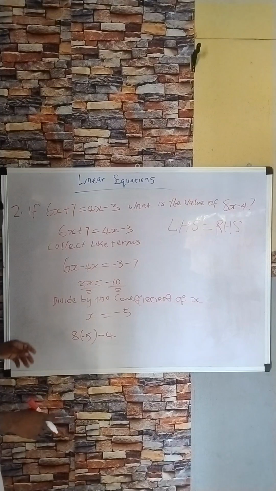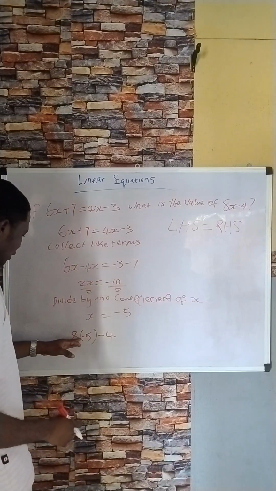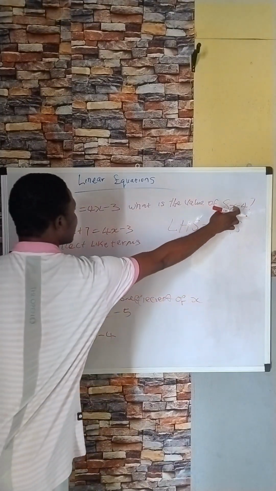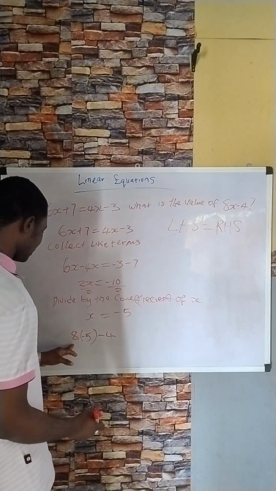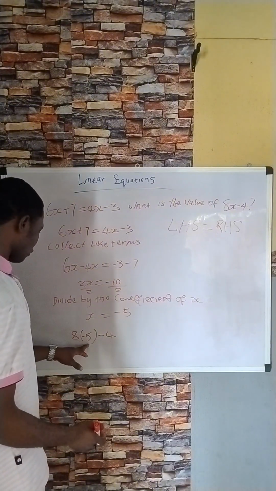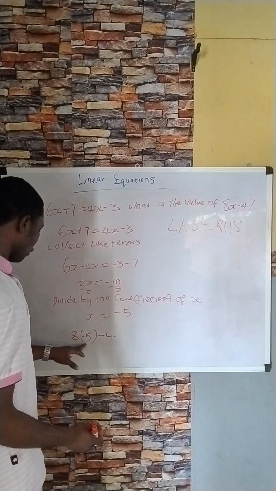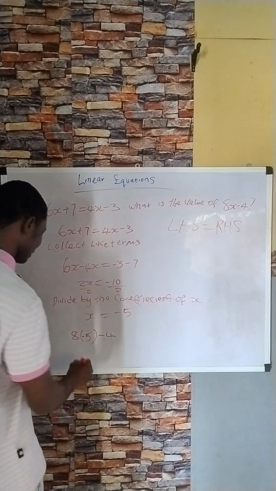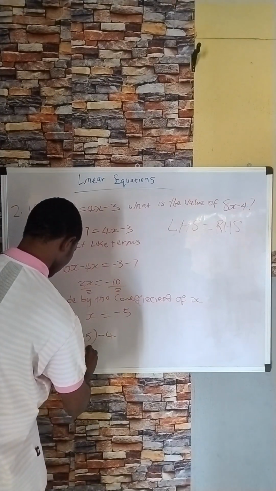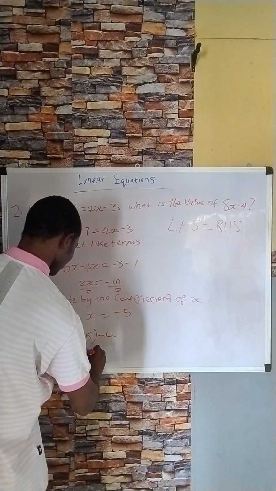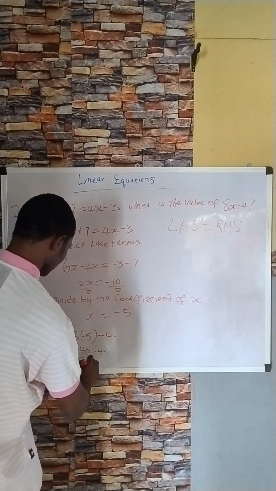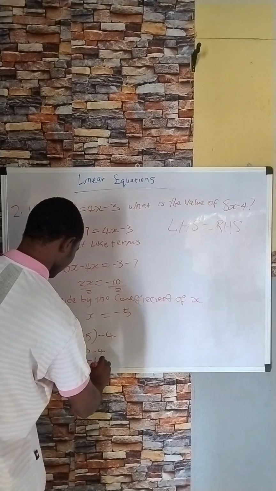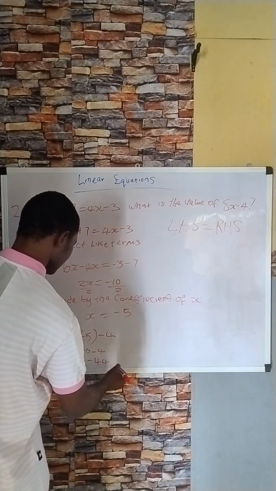Like I told you earlier in example 1, there is no sign here, so this means multiply. So 8 multiplied by minus 5, or minus 5 multiplied by 8, will give you minus 40, minus 4. So the answer will be negative 44.